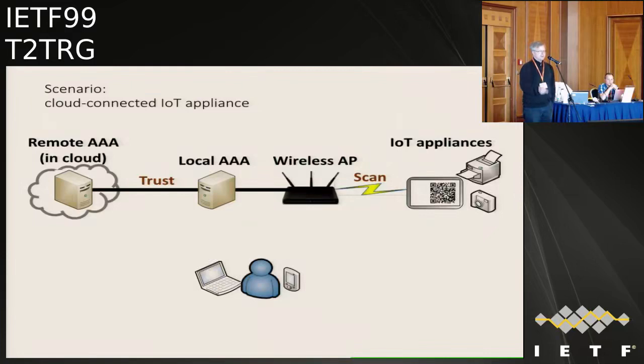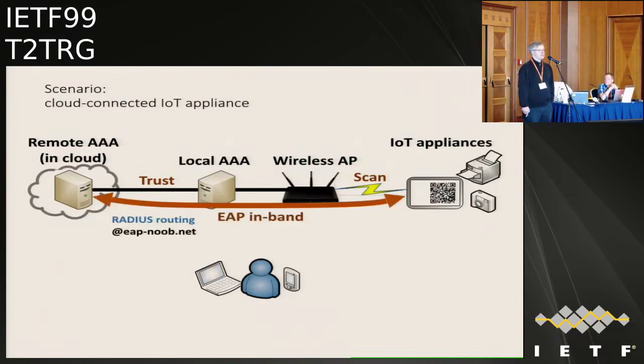And the communication channels here are the in-band communication that we actually put through the EAP tunnel. So that's how we managed to do the cloud registration, registration to the authentication server in the cloud, at the same time, actually before getting network connectivity.